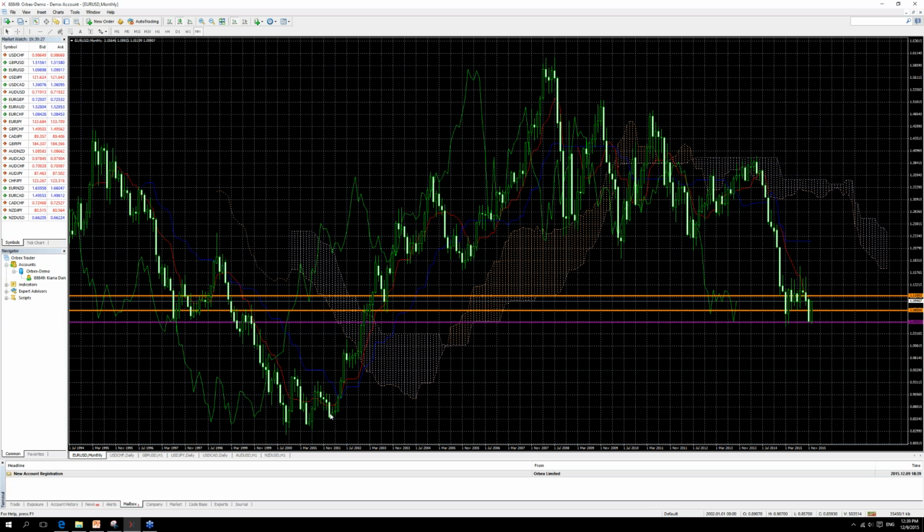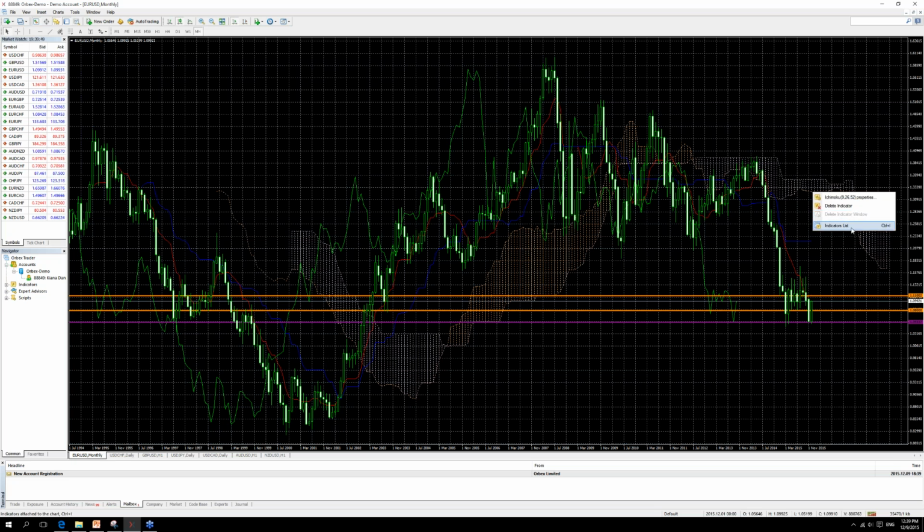Then over time, as the Eurozone gained strength, we saw the surge of the euro dollar all the way back up to here, right? And then it has been consolidating. I apologize for the Ichimoku cloud over here if it's confusing you.